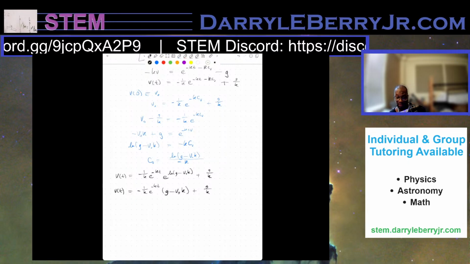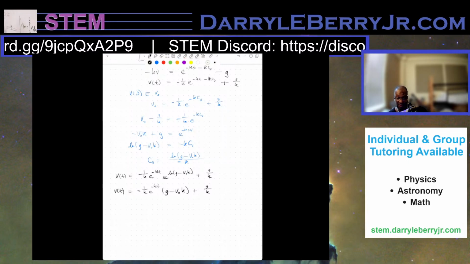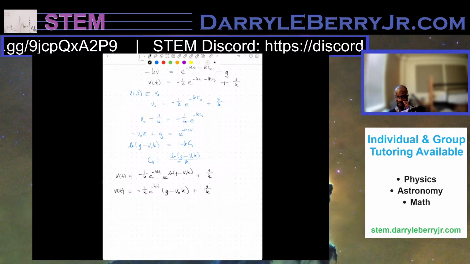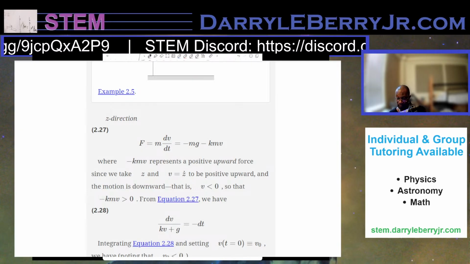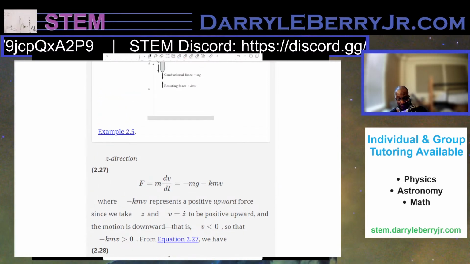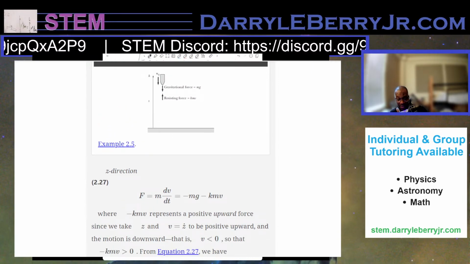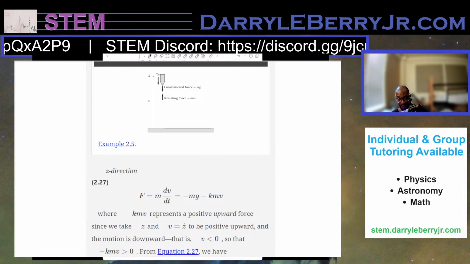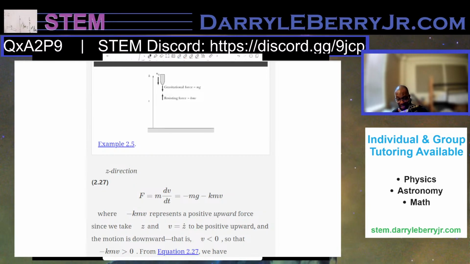Right. Integrating once more and evaluating the constant by setting z(t) equal to h. Let's look at this negative part again. It says where negative kmv represents a positive upward force, once we take z and vz to be positive upward, and the motion is downward.